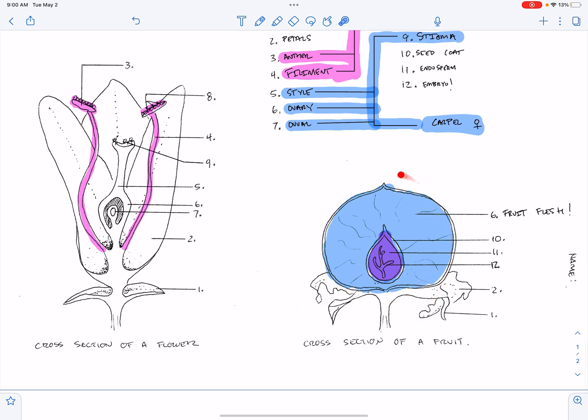So a fruit is actually a technique of a plant in order to disseminate its seeds. And so in order to get this little baby plant far away from the original plant, it is eaten by an animal and then defecated out somewhere else in a nice little package of fertilizer.